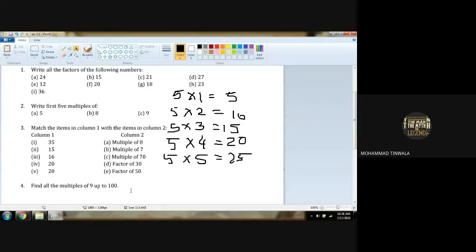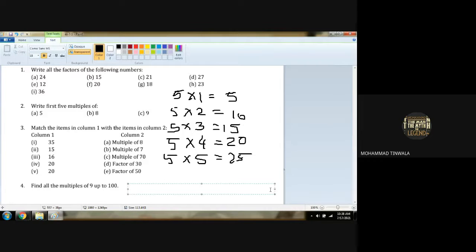At the end, you have to write therefore: first 5 multiples of 5 are 5, 10, 15, 20, and 25.